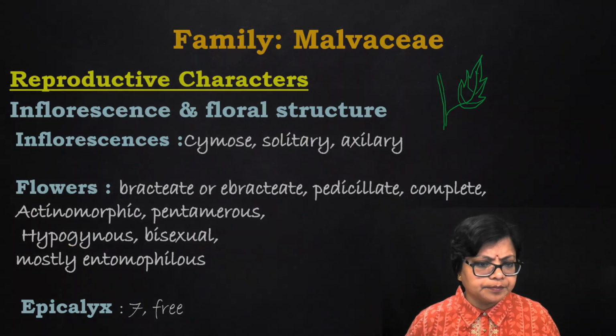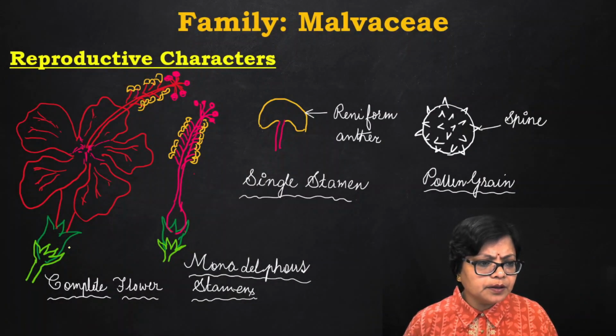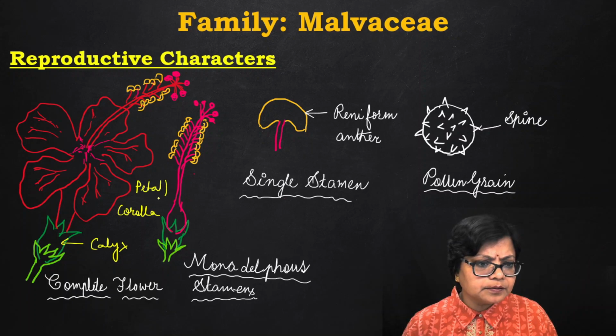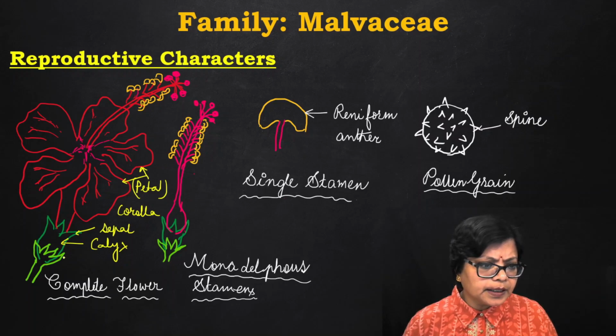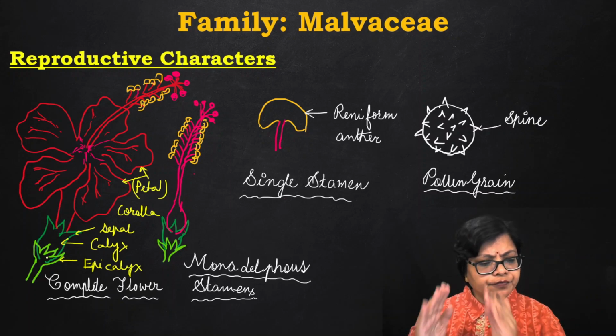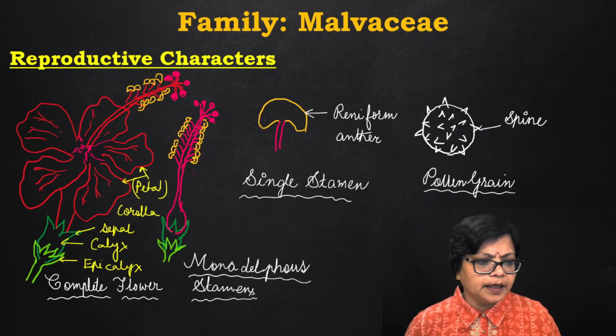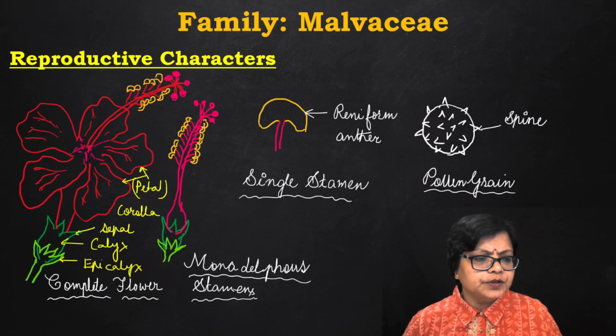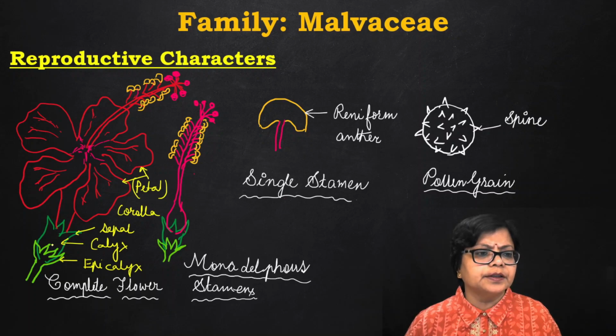Now let's see the diagram. Complete flower. So complete flower means calyx, corolla, individual segment is called petal. So these are the petals. Individual segment is called sepal and this is epicalyx. As I told you, below the calyx leafy structure develops, which is 5 to 7 in number and free from each other.